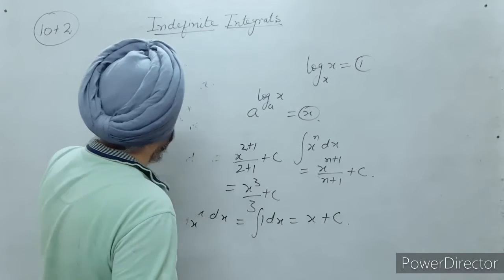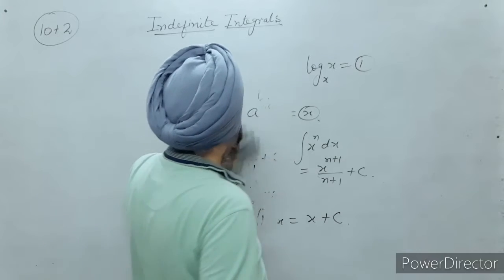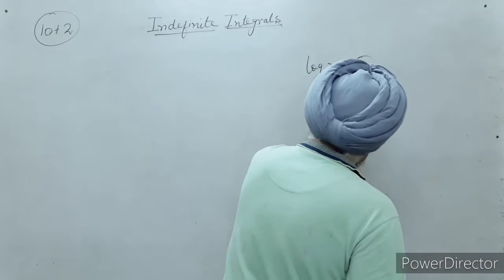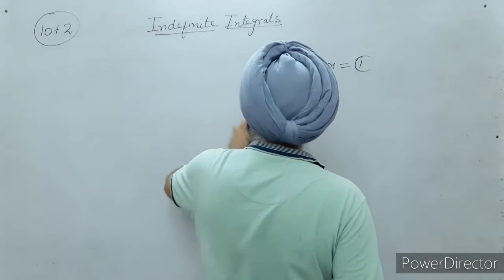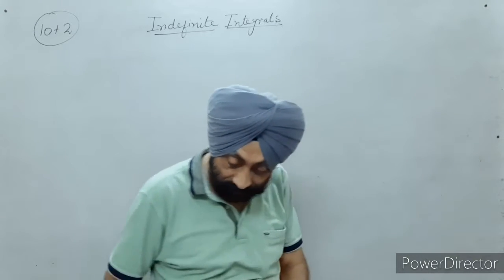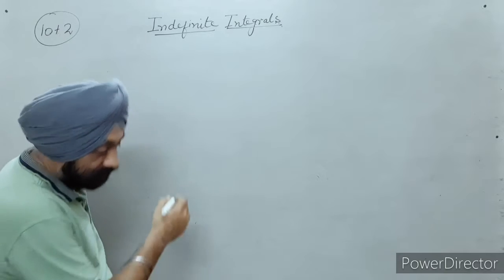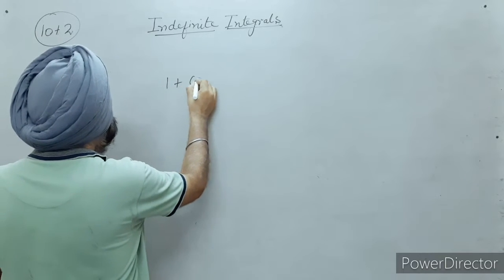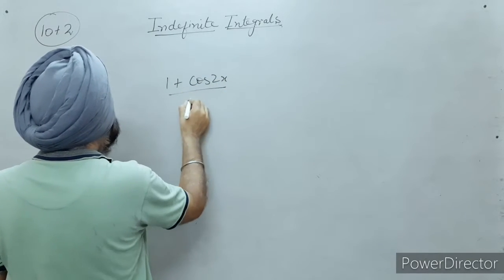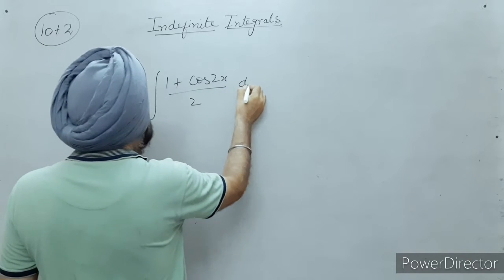Now, let me do one sum in which a trigonometric identity can be used. The question is: integrate the square root of (1 plus cos 2x) divided by 2, dx.